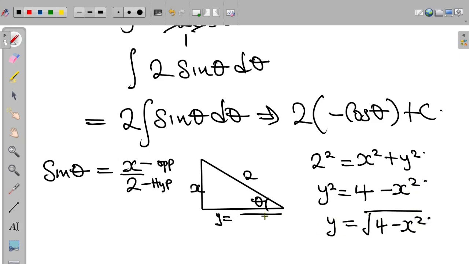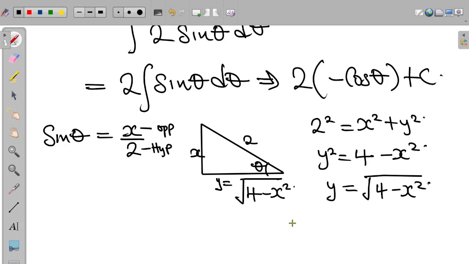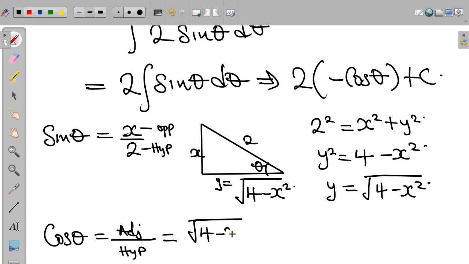So we have here to be root of 4 minus x squared. Now, to obtain cos theta, this will be equal to adjacent divided by hypotenuse, and from our figure, the adjacent side is root 4 minus x squared, so we have root of 4 minus x squared divided by the hypotenuse, which is 2.